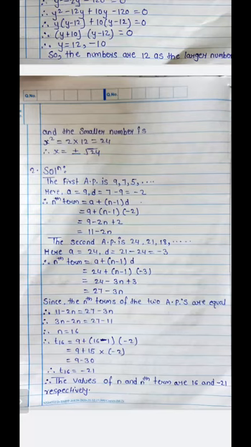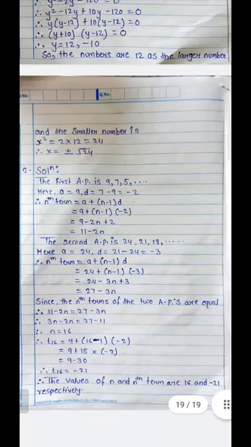Since the nth terms of the two APs are equal, we can say that 11 minus 2n is equal to 27 minus 3n. Therefore, we take 3n and 2n together. This minus 3n will be shifted to the left hand side, so it will become plus 3n. Minus 2n remains as it is, equal to 27. This plus 11 is shifted to the right hand side, so it will become minus 11.